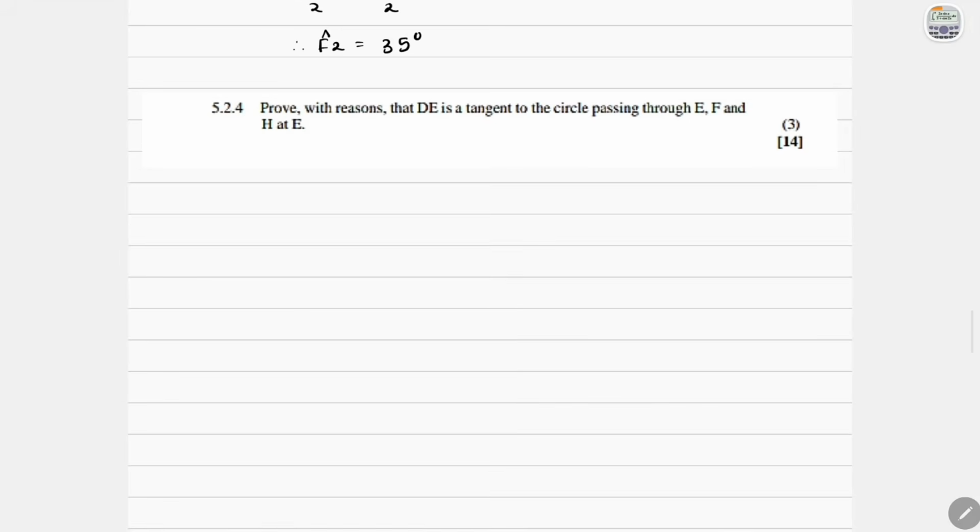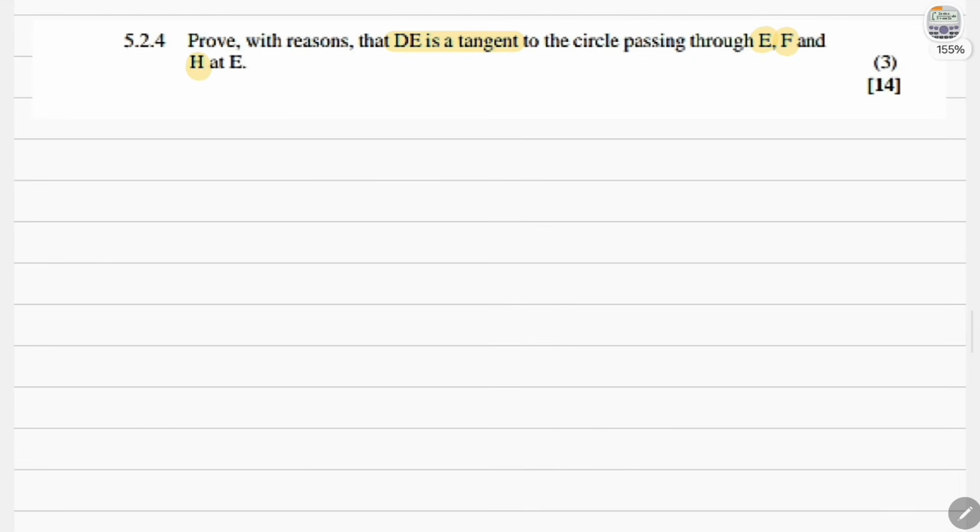Question 5.2.4 says, prove with reasons that DE is a tangent to the circle passing through E, F, and H at E. Okay, so we need to prove that a line is a tangent. When you're trying to prove that, for example, a line is a tangent, you have to use theorems that relate to tangents. There are a number of theorems that you can use.